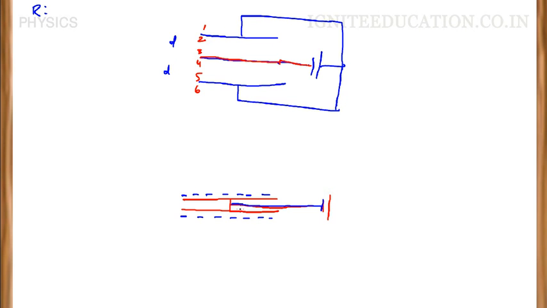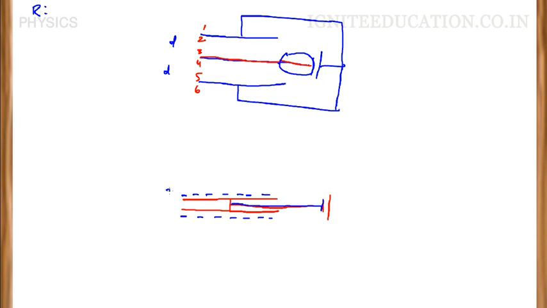There is no change in the charge if I separate these two plates, because the thing I have connected with the negative end is a conductor. So if you separate the plates, we don't get any change there.